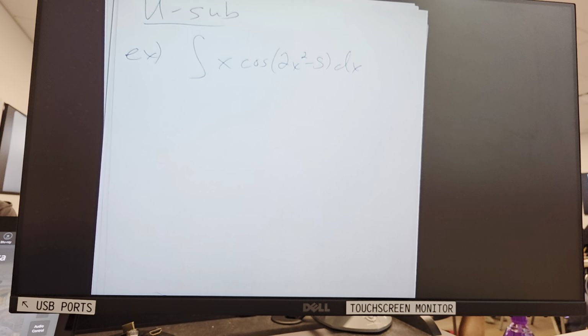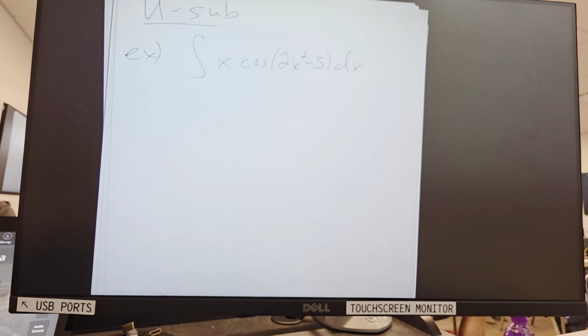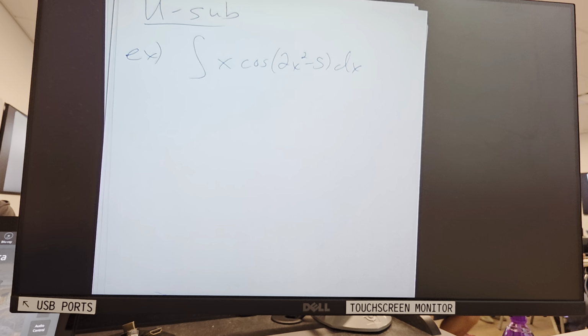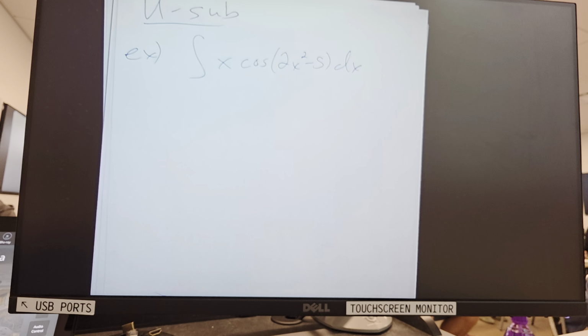It doesn't have to be a product in order for me to need some other method, but that's a huge red flag. Do we have a product rule for differentiation? Yes, we do. That's one of the first rules after the power rule that we learned. Integrals are always trying to undo differentiation. So I would expect a product in an integral to be excessively bad, because I don't have a product rule for integration. It's trying to undo what differentiation did.